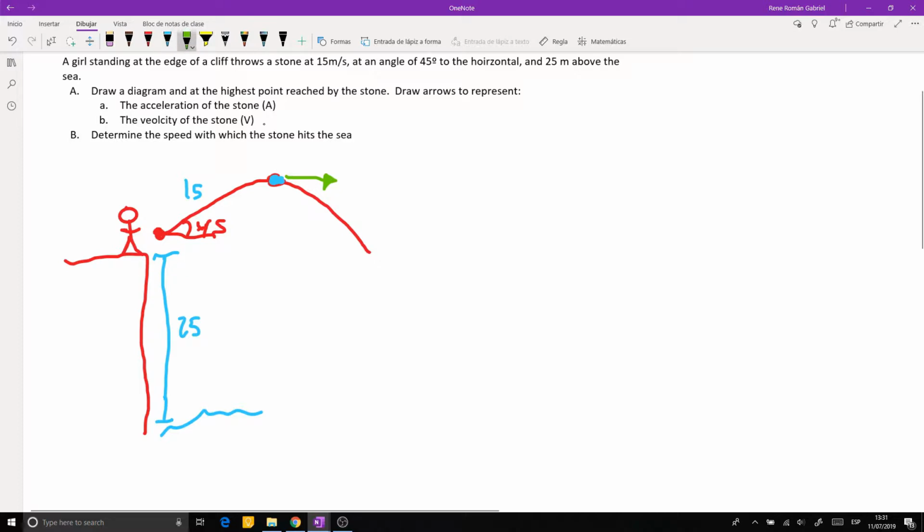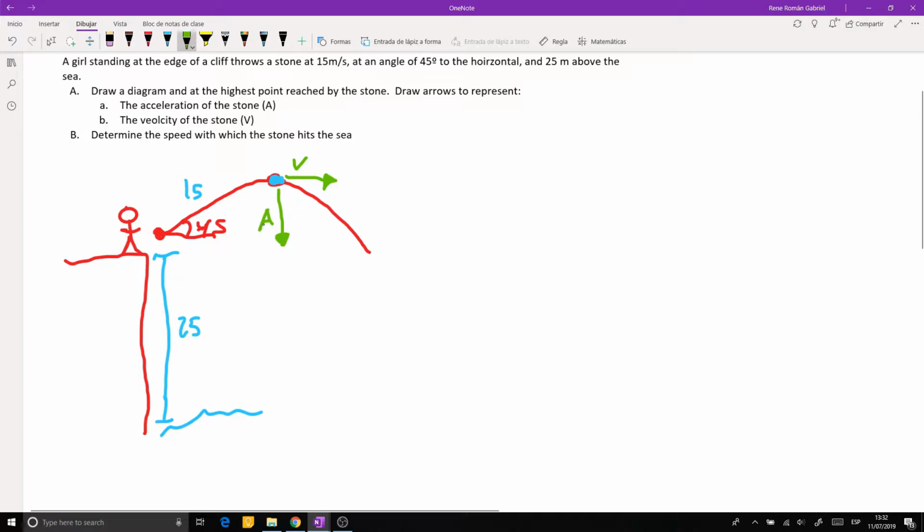And the acceleration would be the acceleration of gravity, which would be downward, and again this, since they said acceleration.